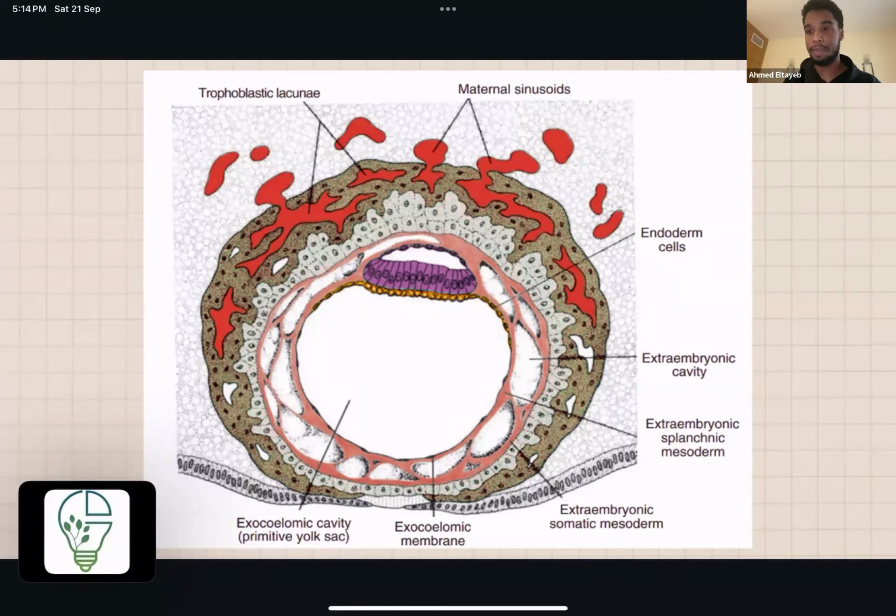Okay. Something else here is that this is the exocoelomic membrane or Heuser's membrane, right? And before, adjacent to Heuser's membrane, we had the cytotrophoblast. But now there's something in between. What is this something? I think it's better demonstrated here.